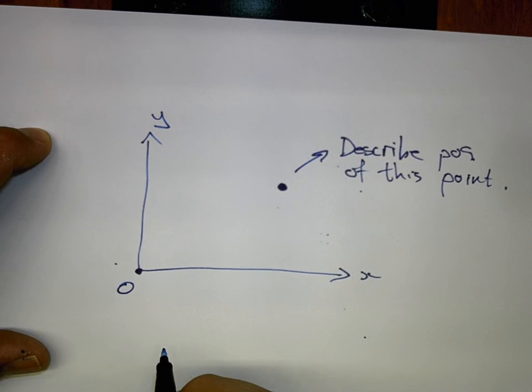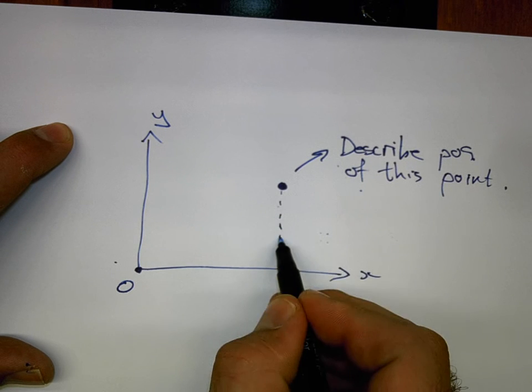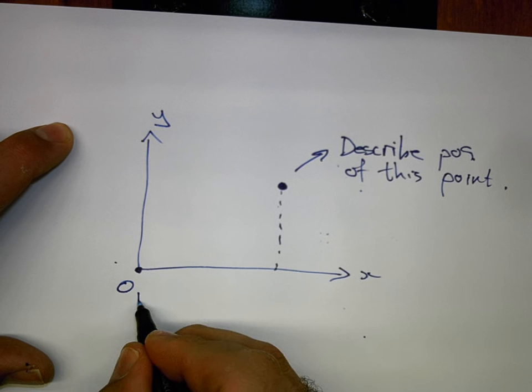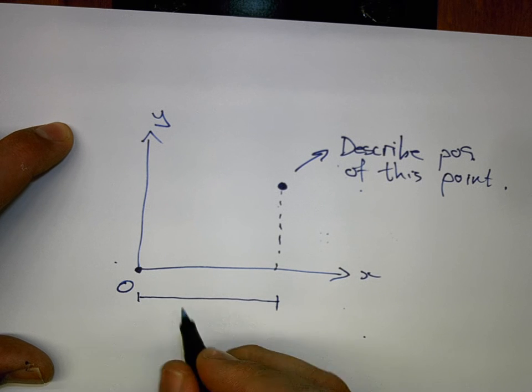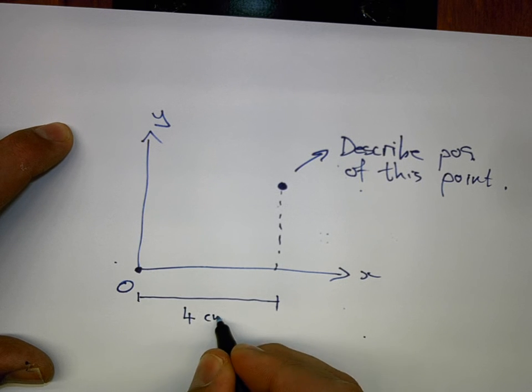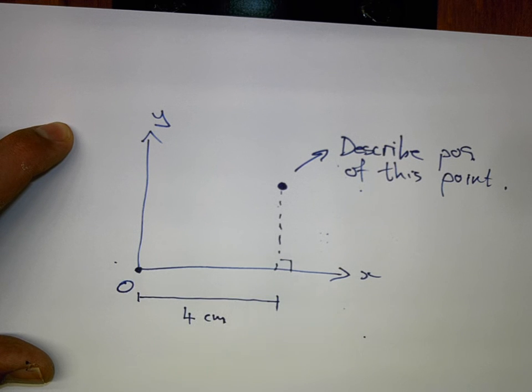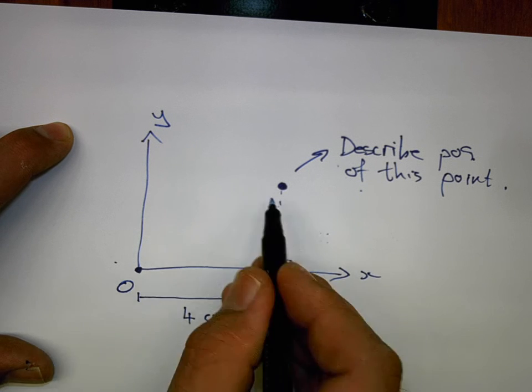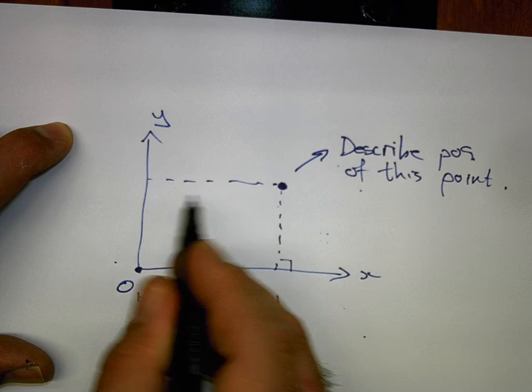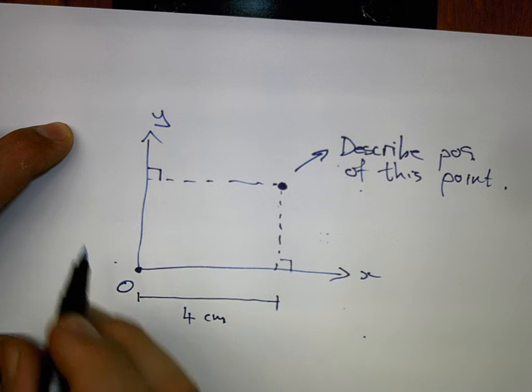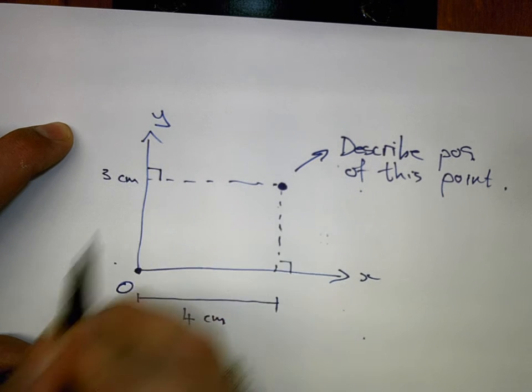Now, in rectangular coordinates, we can simply say, let's say this point is 4 centimeters. If I take a line that makes an angle perpendicular to the x-axis down from that point, this distance is just 4 centimeters. And let's say that distance, if that makes a 90-degree angle, is 3 centimeters.